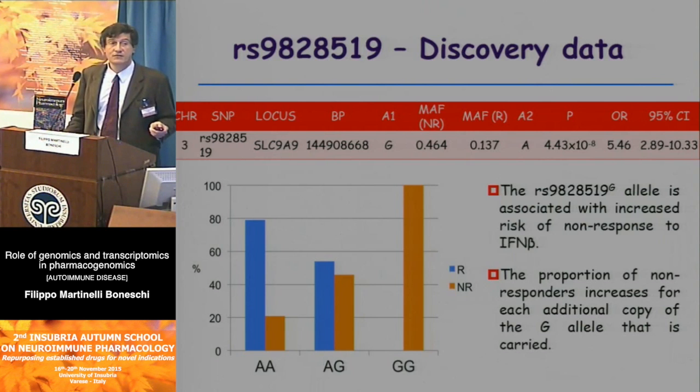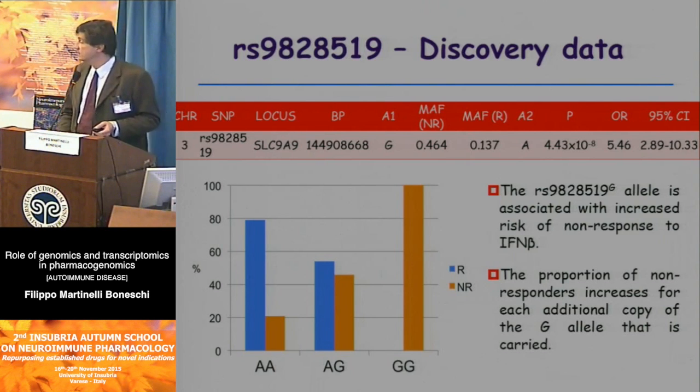We found that being a carrier of this variant increased the risk of being a non-responder to the treatment by more than 5 times. So this is the reason why we found this variant as associated with such a small number of patients.